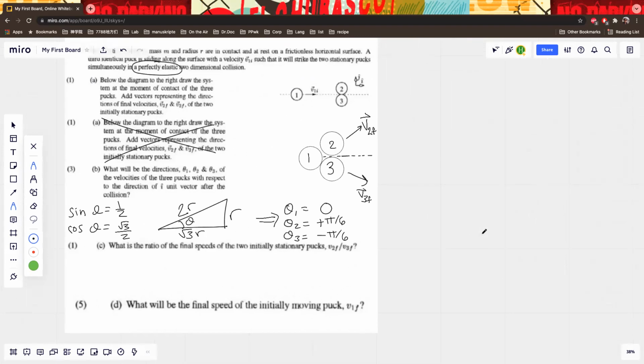I think this has a radius of r and this has a radius of r. So in total, we have 2r. And then here we have a length of r.